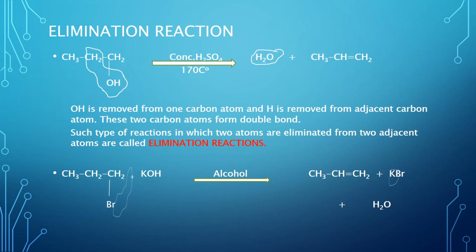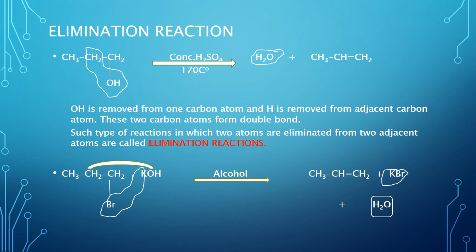In the second type of reaction, you have also learned that potassium from the potassium hydroxide and bromine from the propyl bromide is removed as potassium bromide. And in the same way, hydrogen from the adjacent carbon atom and OH from the potassium hydroxide is removed as a water molecule.